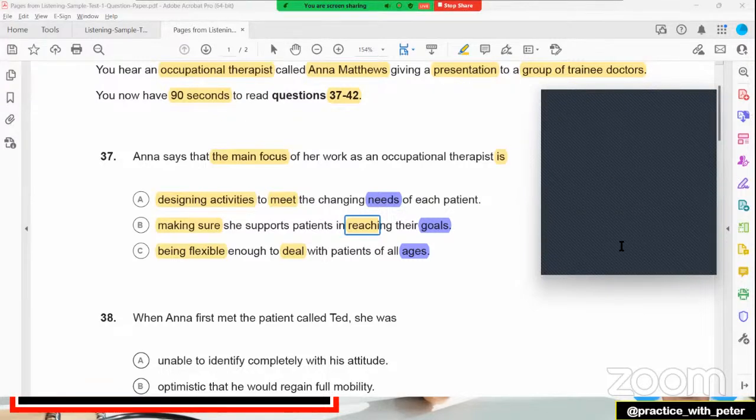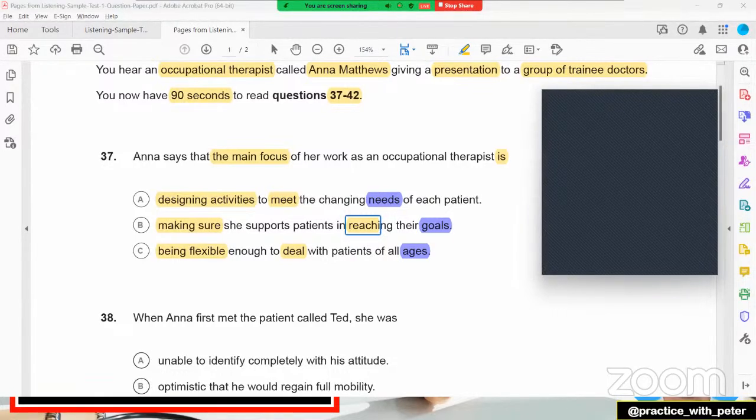Point out. Yes, the next one is design. Design, create, generate. Okay, formulate, make, plan. What are the words?